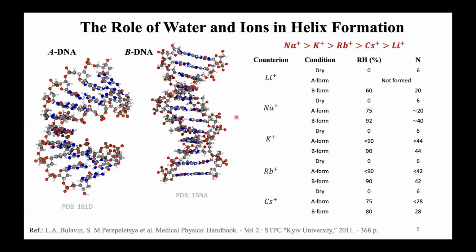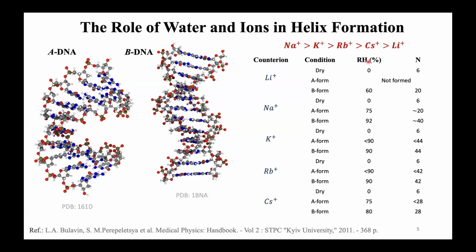In general, the B form of DNA typically requires about 90% relative humidity, and this is about 40 water molecules per base pair, while the A form needs less: about 75% humidity, and around 20 water molecules per base pair. From this table, a clear trend can be seen: the larger the ion, the fewer water molecules are needed for helix formation.